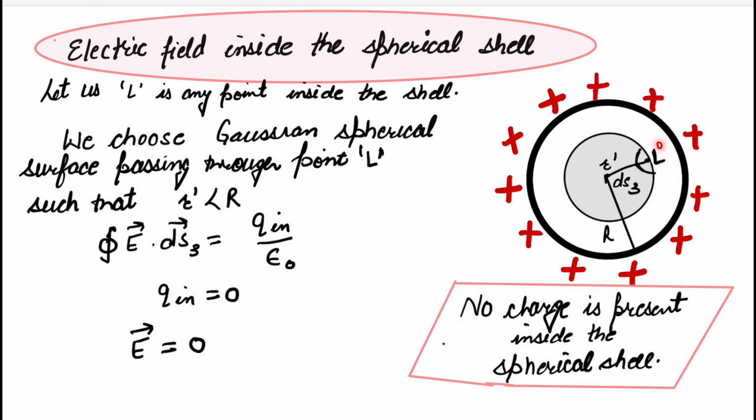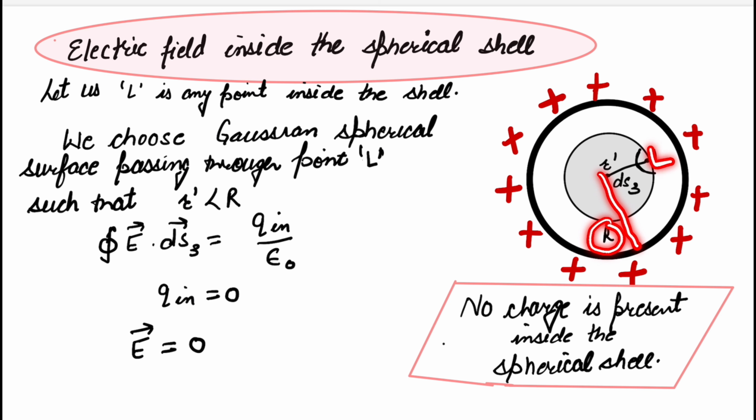We choose a point L which is present inside the spherical shell. To apply the Gauss theorem, we choose a Gaussian surface with radius r prime which is passing through this point L. r prime is less than R, where capital R is the radius of the spherical shell.